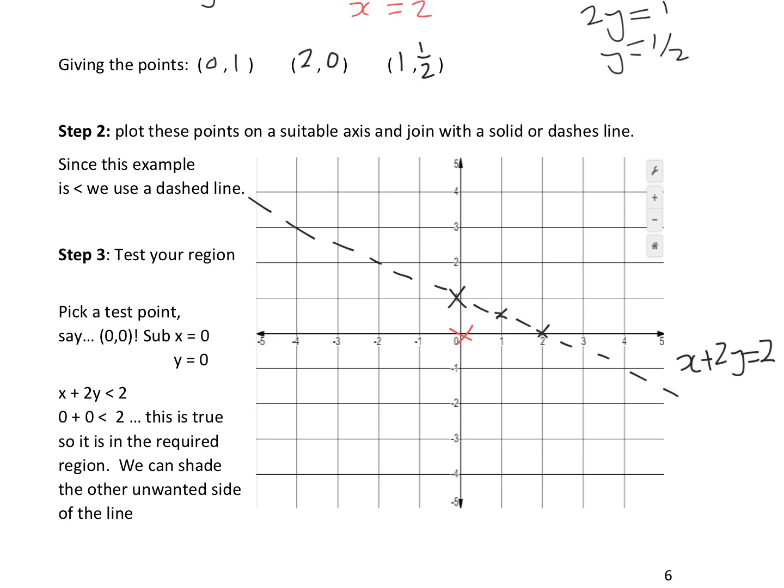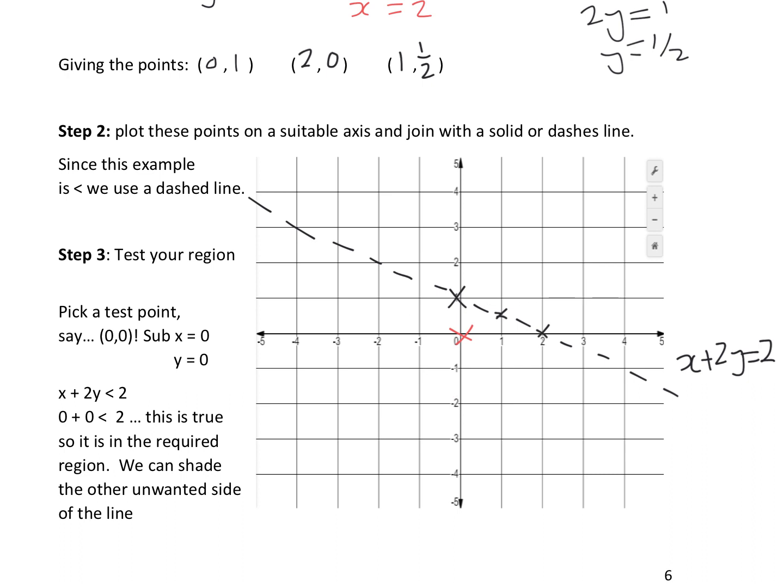If we sub 0, 0 in then to this inequality, x plus 2y is less than 2. If x is 0 and y is 0, you get 0 plus 0 is less than 2. And we think, is that correct? Is 0 plus 0 less than 2? This is true. So it is in the required region. So this works. So this is the right side.